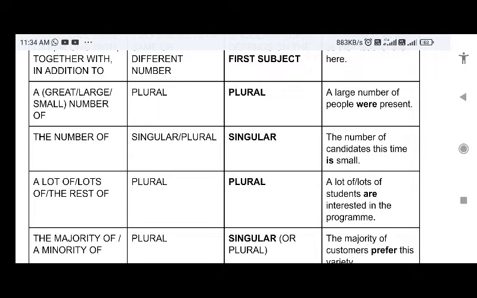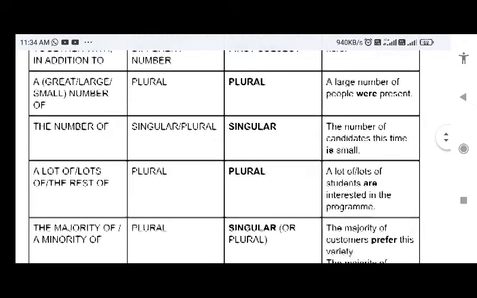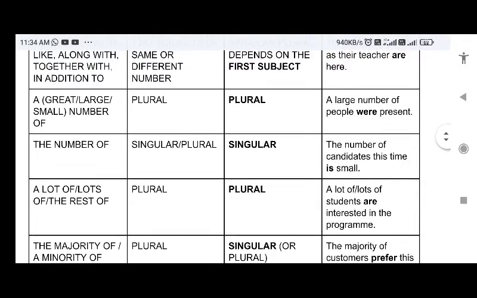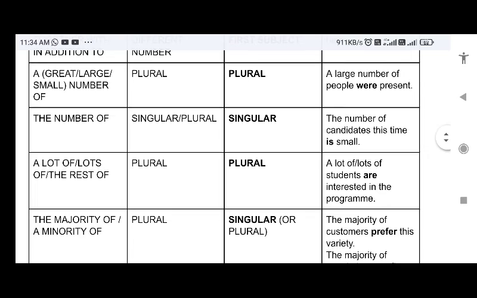Why is? Because here the main subject is the number. Number is a quantity. The number of candidates, we don't know how many candidates there are, but still it's a quantity. It denotes quantity, and it is singular in a sense. That's why we are writing the verb in singular form too.